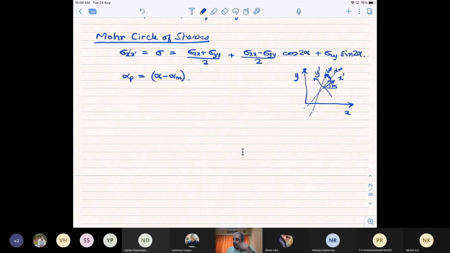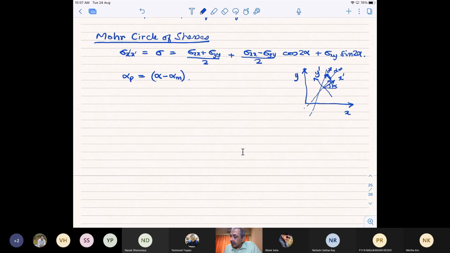So if you can imagine now that instead of writing this in terms of alpha, I want to write it in terms of alpha p. So all we have to do then is we write alpha p here, but now sigma xx and sigma yy, since at alpha p equal to 0, you are along the principal axis.